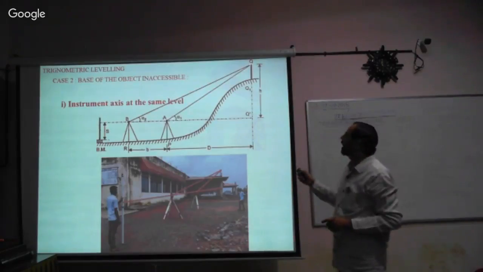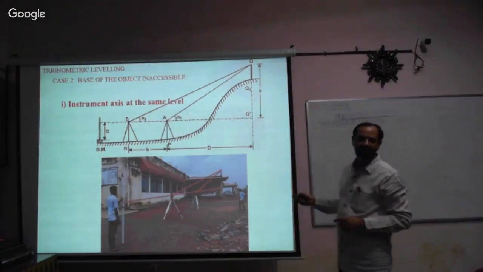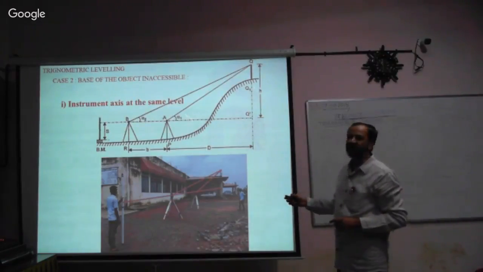Now consider this triangle. Considering this triangle, that is Q A Q dash, what is H equal to? H is equal to D tan alpha 1.